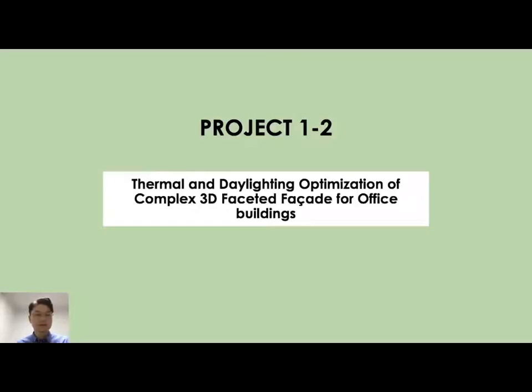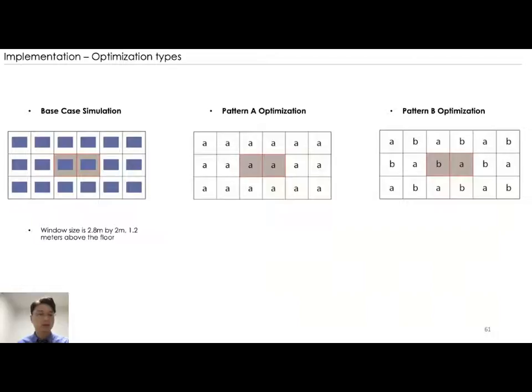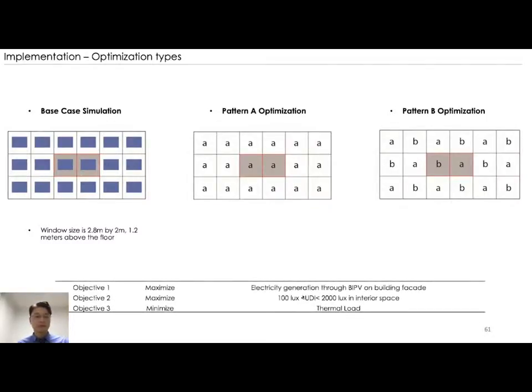Later on, I implemented this project with the thermal load, which is the energy simulation. Previously, it was only for daylighting and electricity generation. Right now, it's being implemented again with a third objective, which is thermal load, so energy simulation.